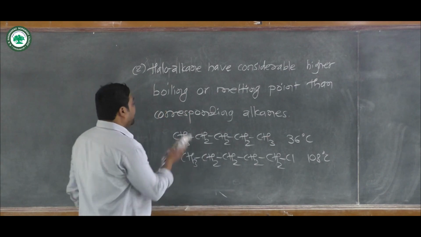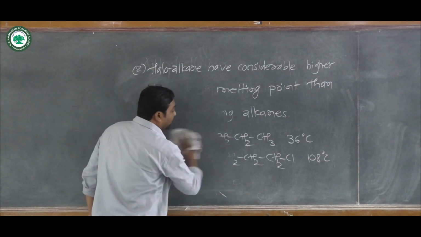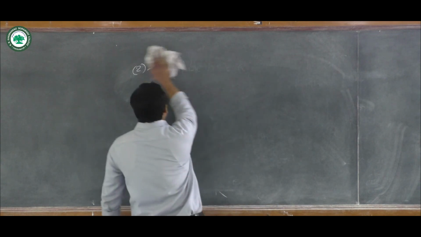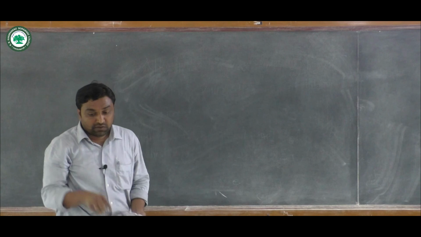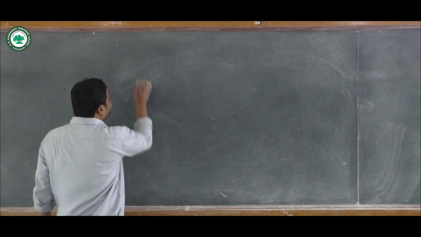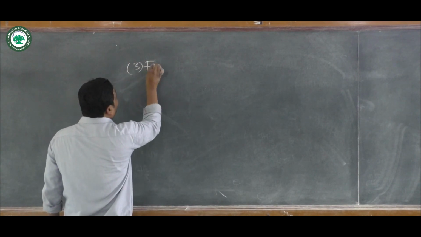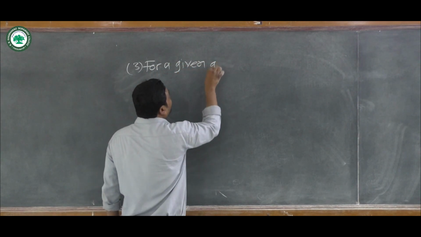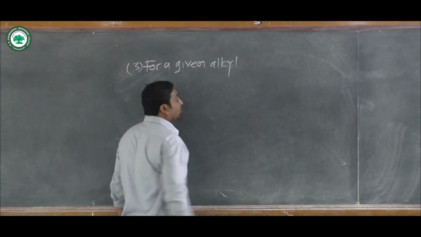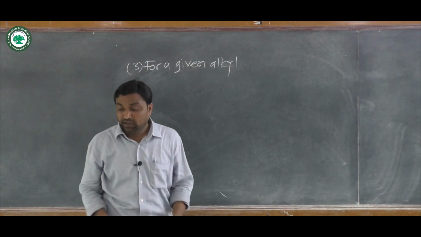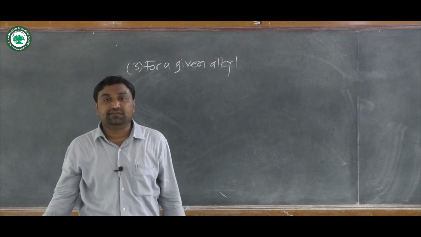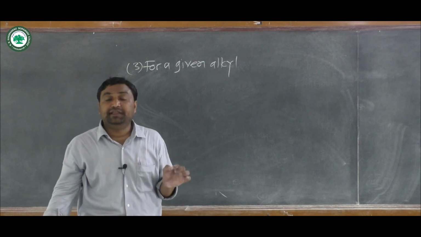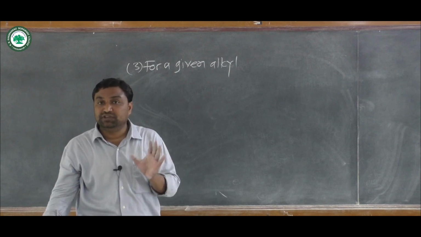Now the third property of alkyl halides is, for a given alkyl group, if we change the halogen atom, the melting or boiling point also changes.